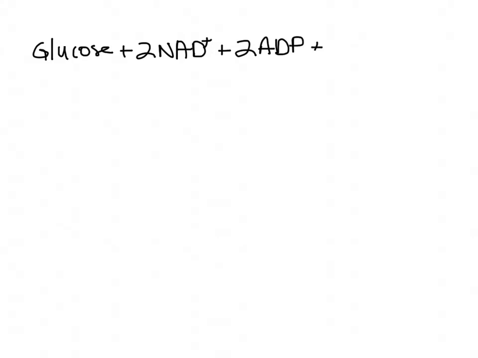Now, again, I'm just going to write down the net reaction. We had glucose, we had 2 NAD pluses, we had 2 ADPs, and 2 inorganic phosphates. We made 2 molecules of pyruvate.